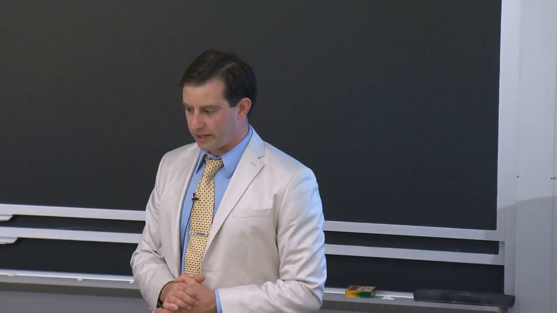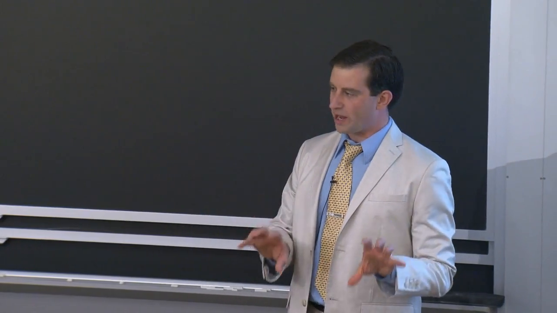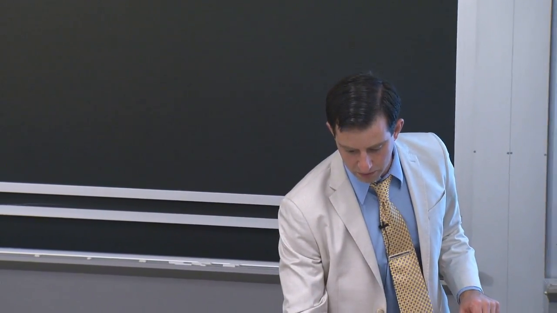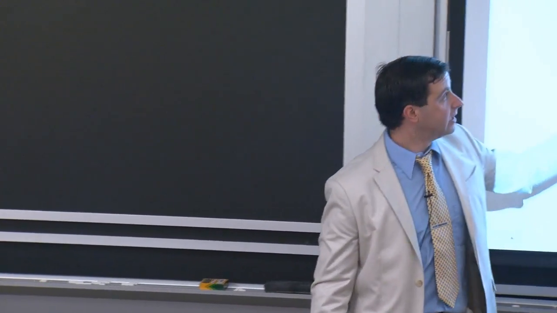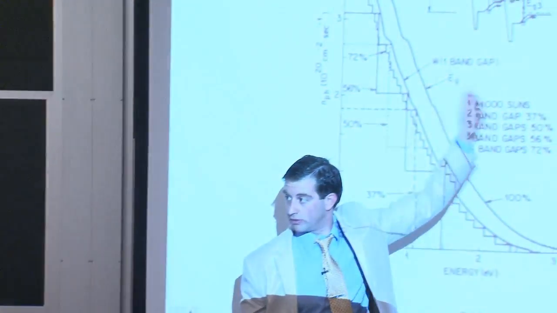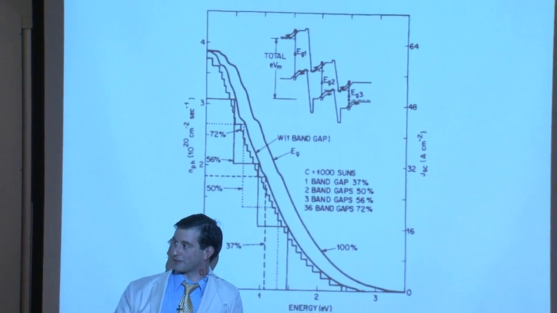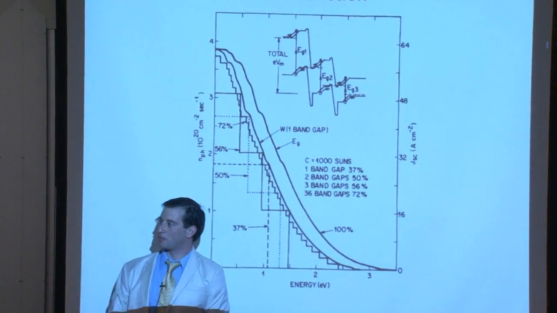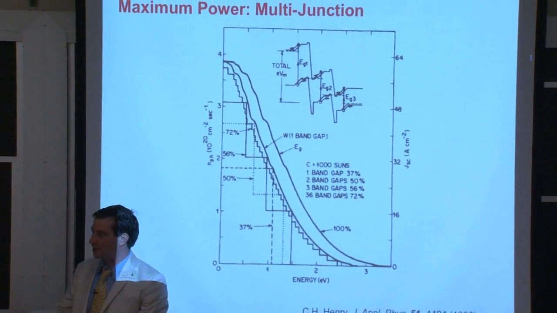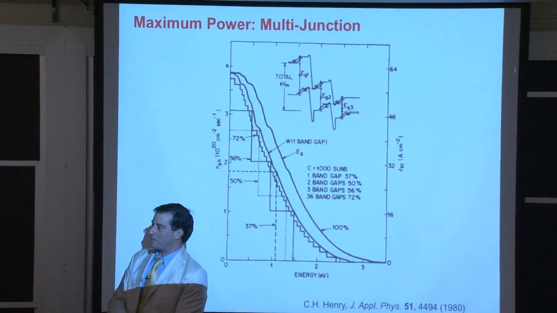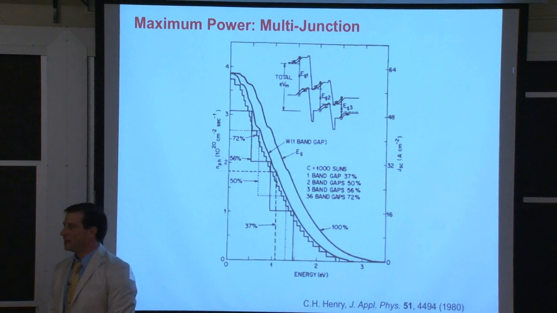Yes, if you consider that there is a reaction process occurring in series. The important distinguishing feature of the multi-junction device is that the same current is flowing through the entire device. So each subcell has to be current matched to the others because the cumulative current output is a harmonic mean of each one. So in other words, you're limited by the worst resistor in series, if you will.